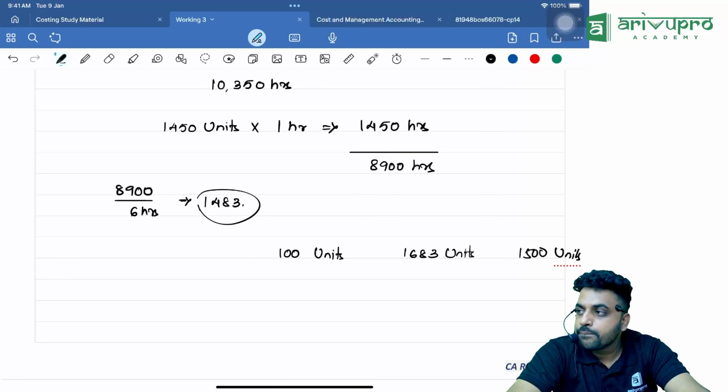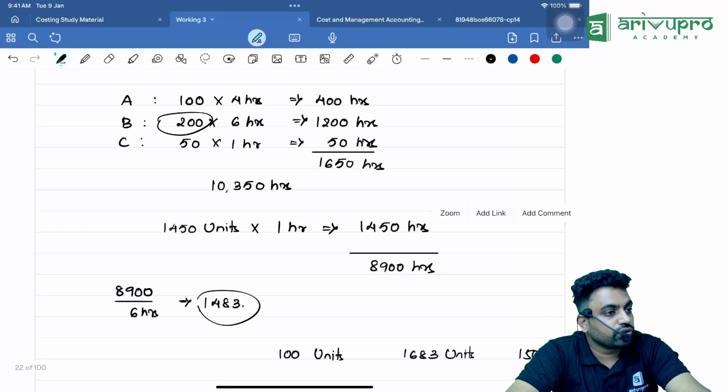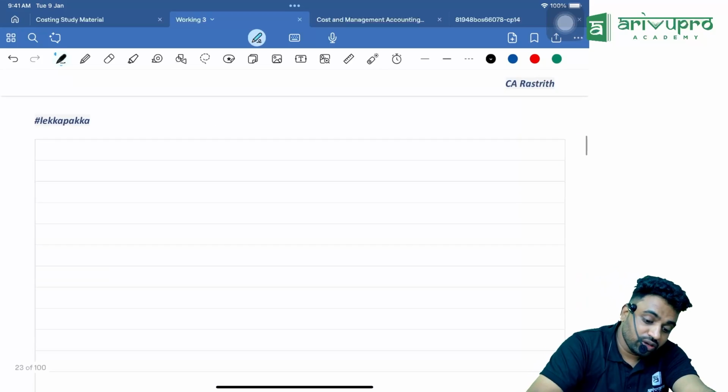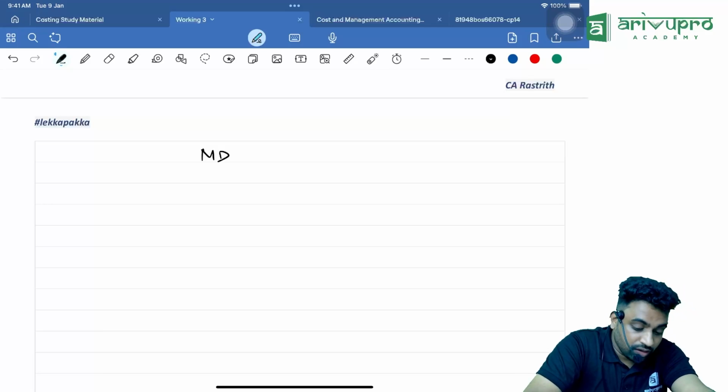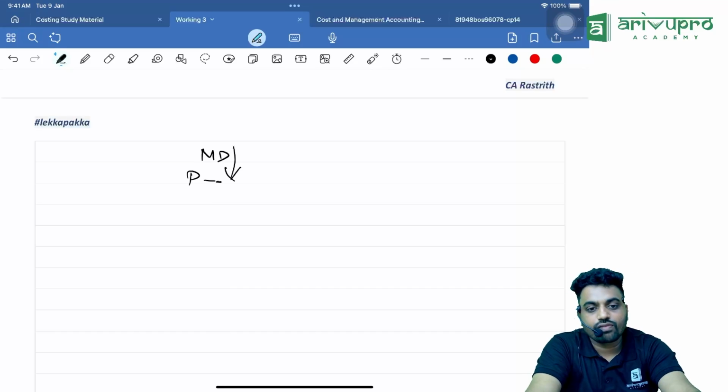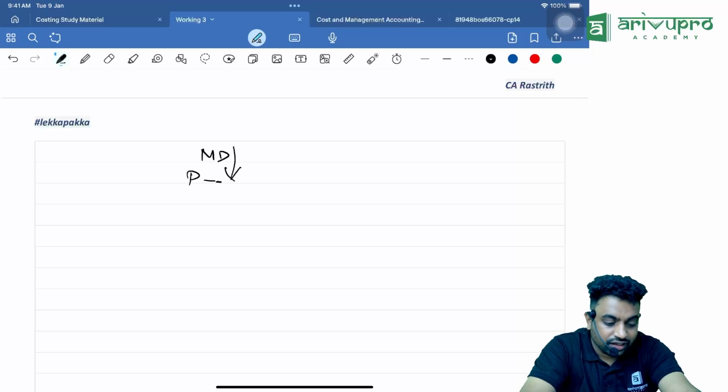Got it? This is how you are going to do in case of limiting factors. Sometimes they might give market demand, production. You should always stick to whichever is lower. Got it? I hope these things are clear.